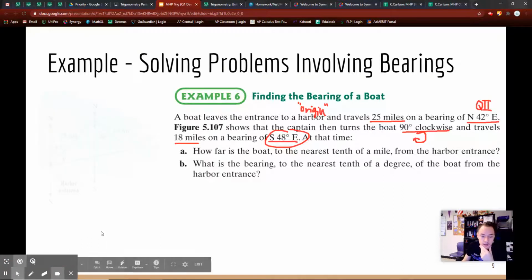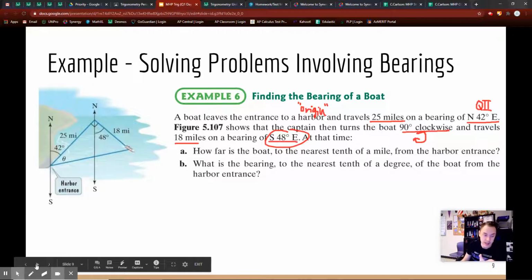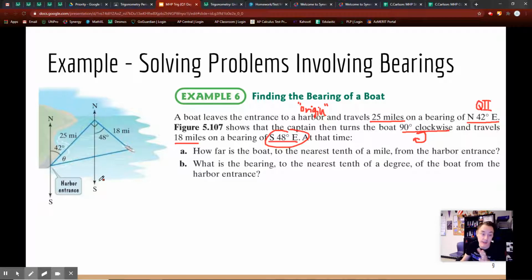Okay, so this is the picture. Notice how I said it's almost like two different XY planes on top of each other, because it is. Now here's what I'm going to do, because this is very helpful to us. I'm going to start labeling this. So that's H, my harbor entrance.